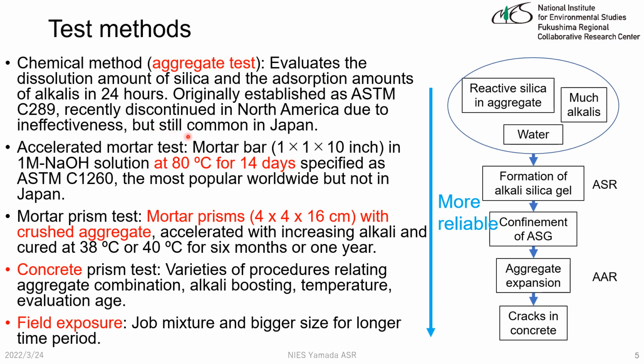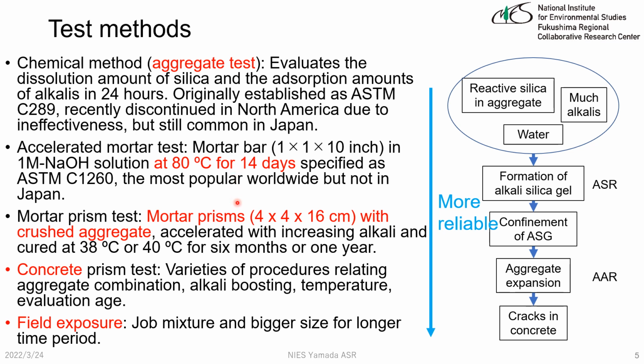The second one is the accelerated mortar bar test. In this method, aggregate is crushed to make mortar. Then the mortar bar is dipped in highly alkaline solution at high temperature for 14 days. This is very popular worldwide, but not popular in Japan.